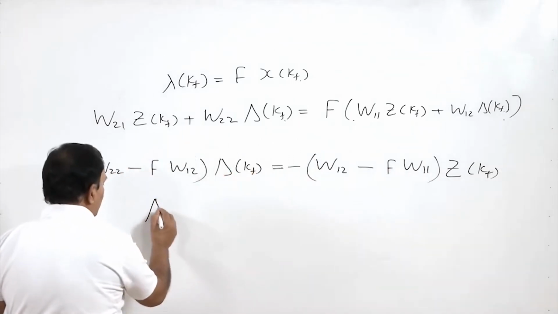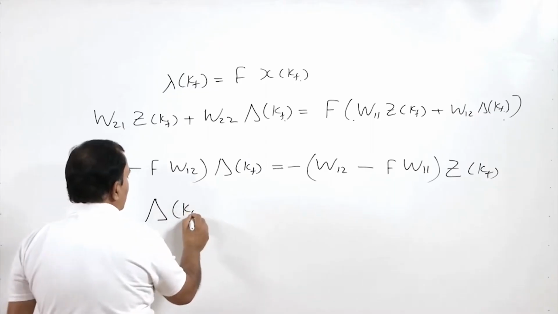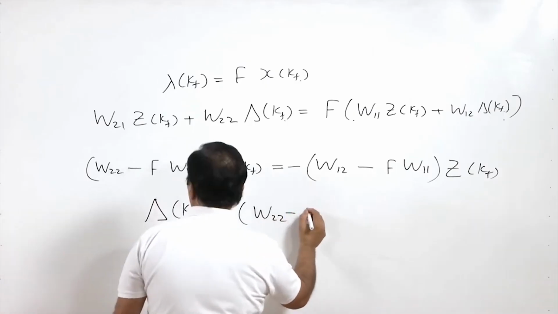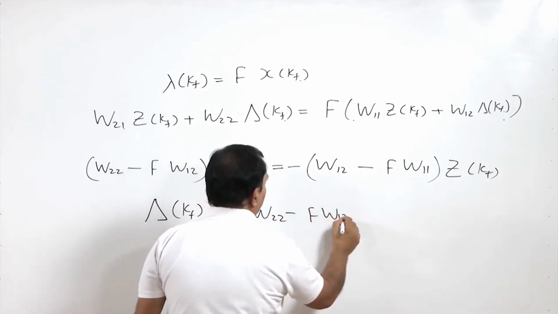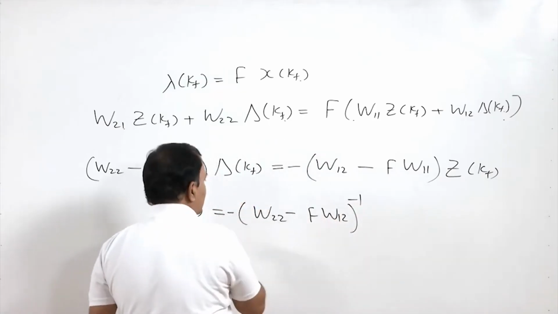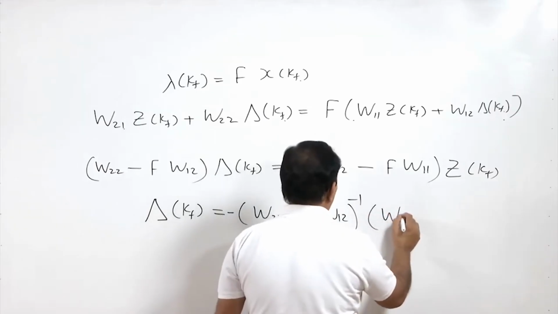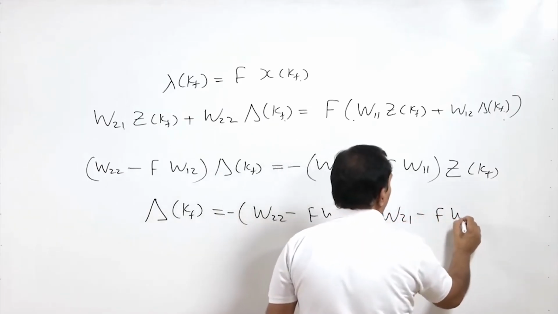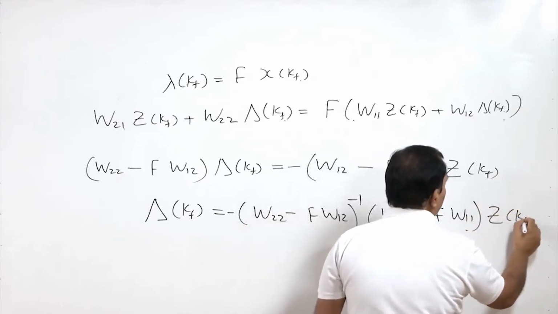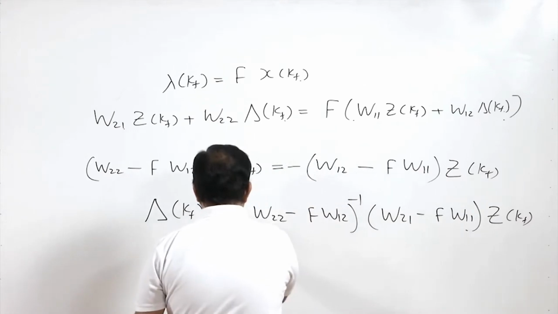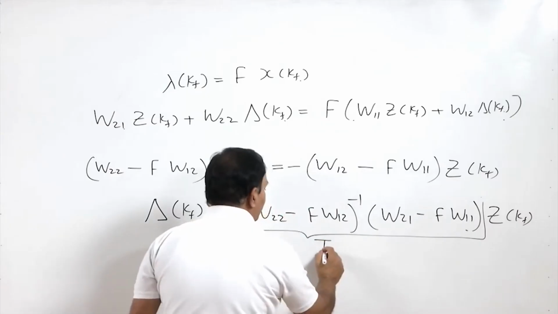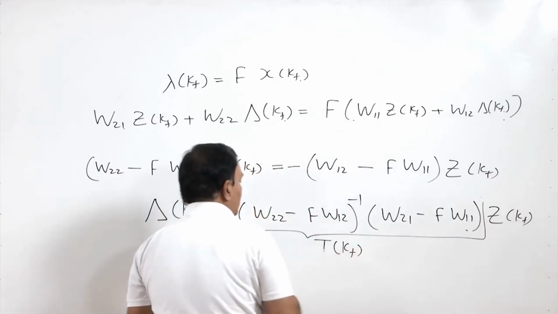So, del(kf) we can simply write as the inverse of (W22 minus f W12) with negative sign, multiplied with (W21 minus f W11) z(kf), and this whole we represent as T(kf).